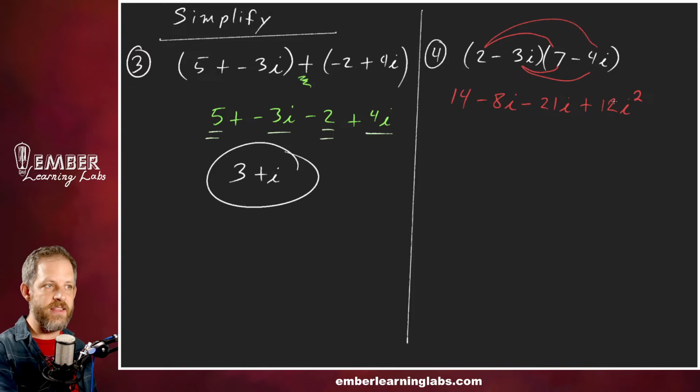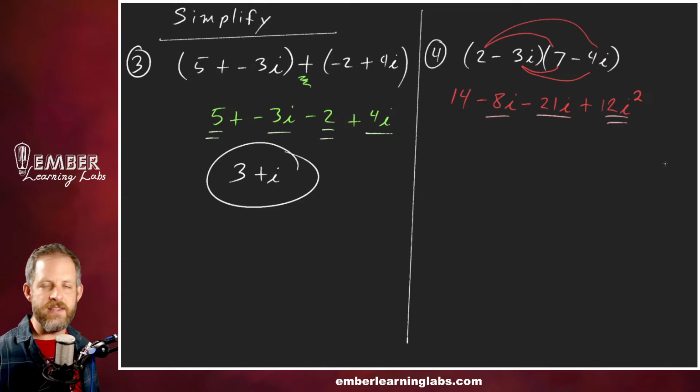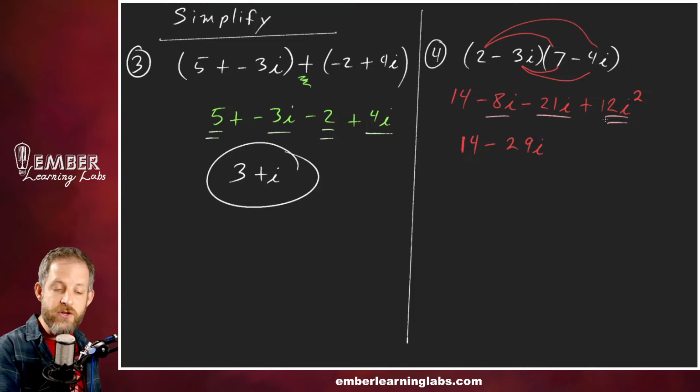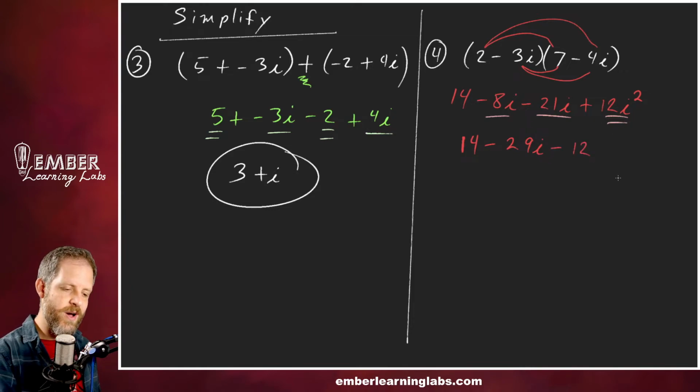So that's going to affect this one. So we're going to deal with combining like terms, and I'm also going to deal with this as well. This 14 is just going to come down. Negative 8i minus 21i is negative 29i. And then 12 times negative 1 is negative 12.